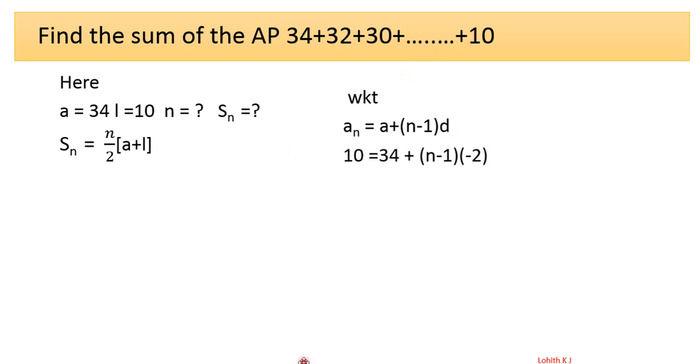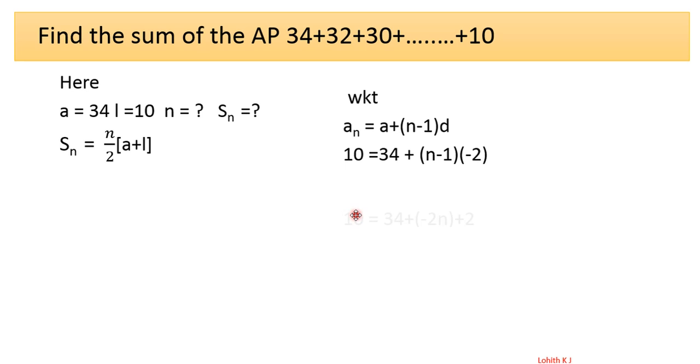So 10 = 34 + (n - 1)d. The common difference is the second term minus the first term, d = a2 - a1 = 32 - 34 = -2.